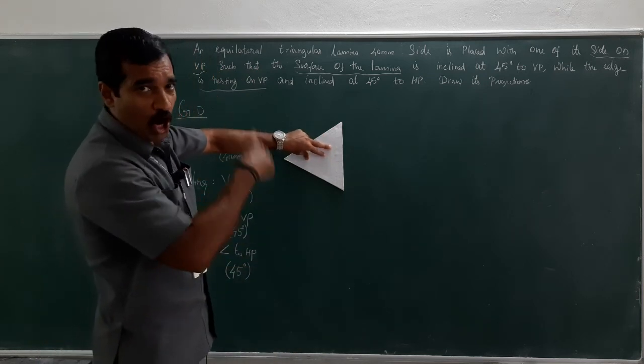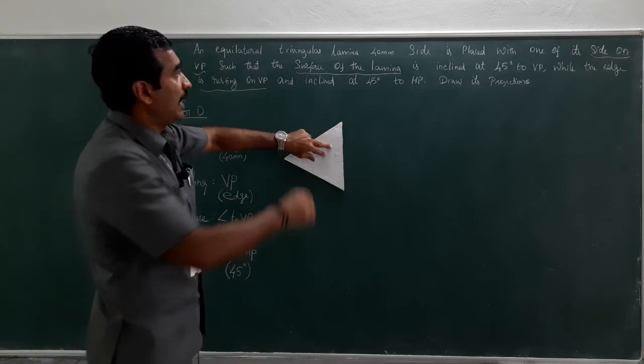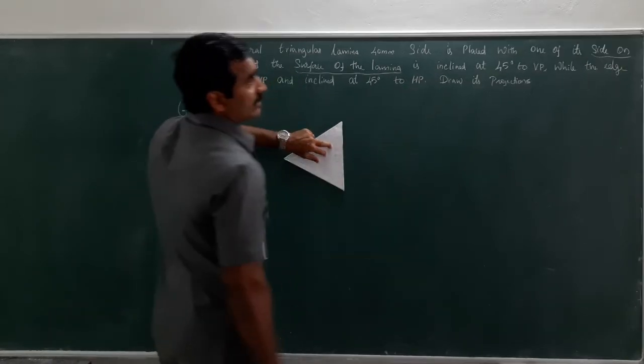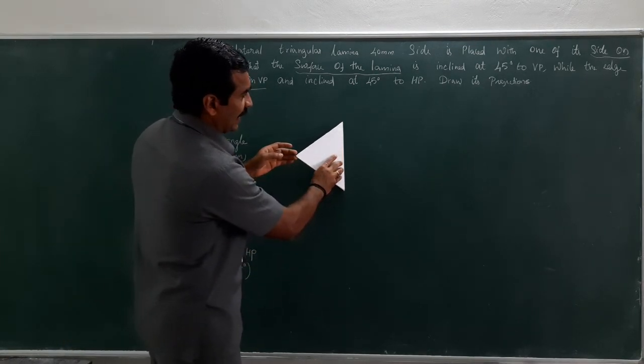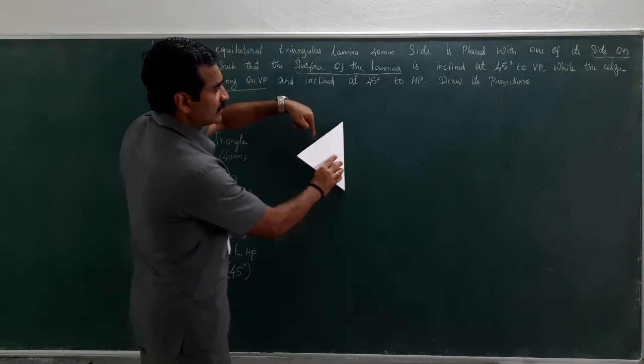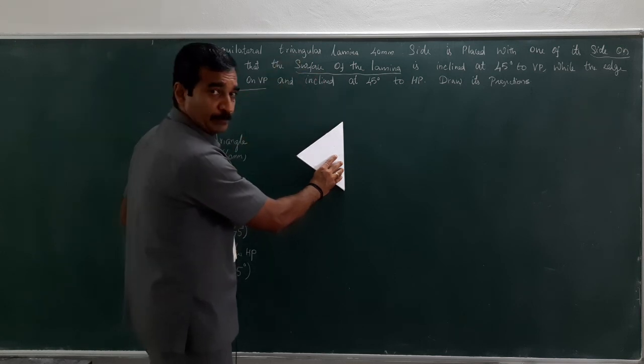It is resting on VP with edge or side, and the surface of the lamina is inclined 45 degree to VP. Look at here, this is the inclination with VP, 45 degree.